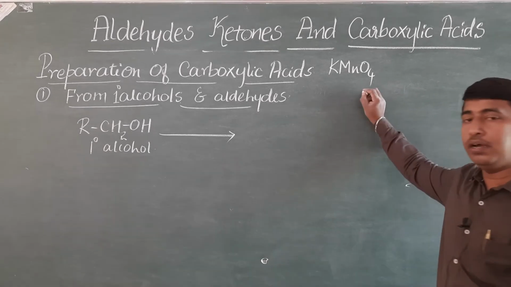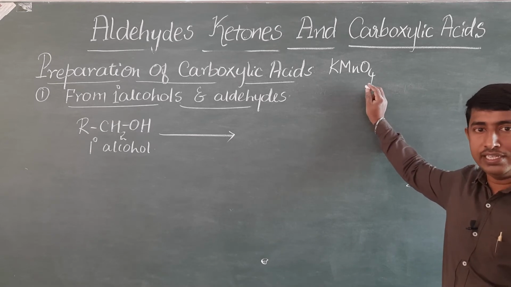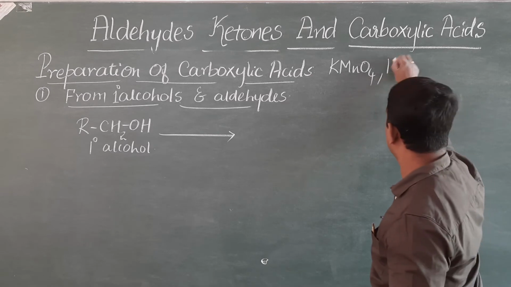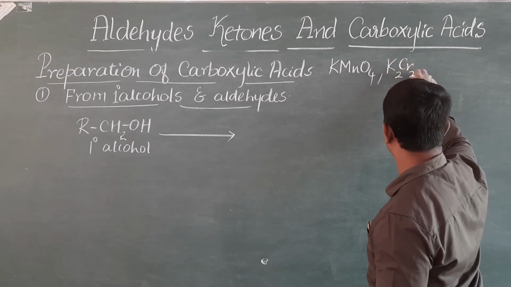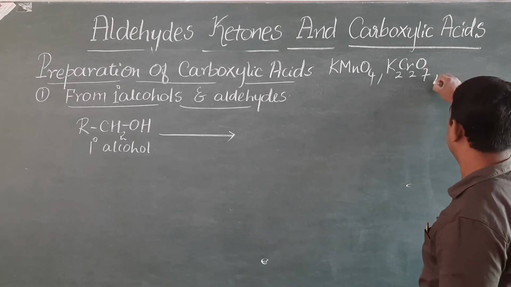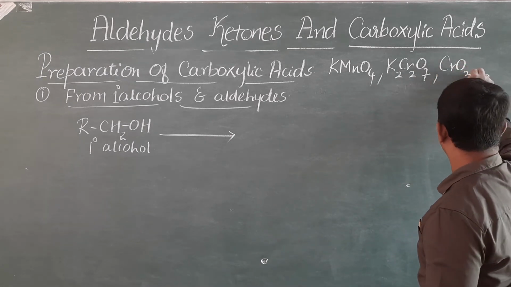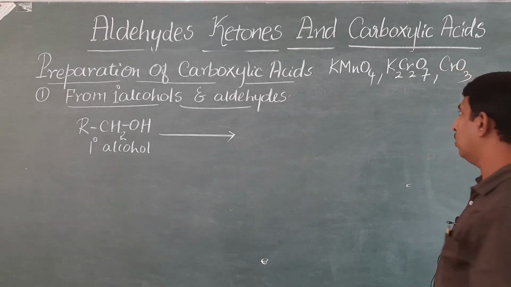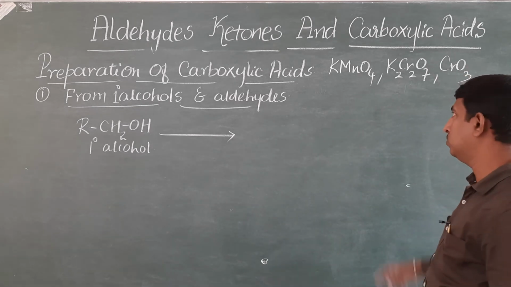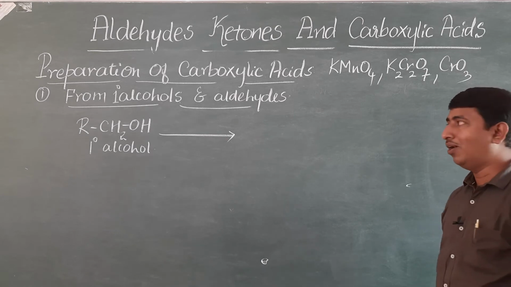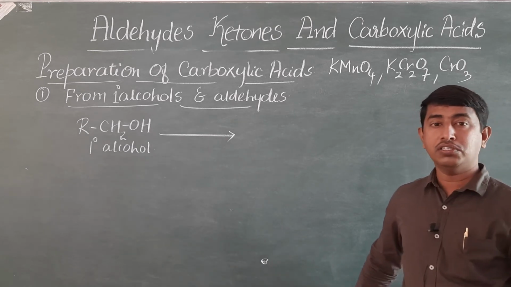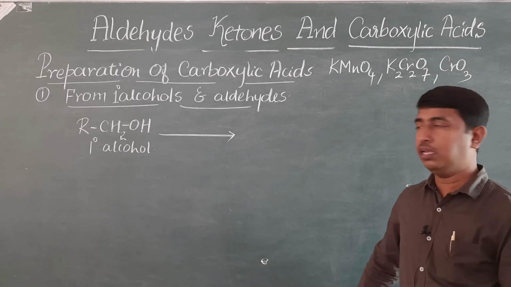So potassium permanganate is a very good oxidizing agent in neutral, acidic and alkaline medium. Potassium dichromate in acidic medium, other one CrO3, chromic oxide in acidic medium. So these are the commonly used oxidizing agents used for the oxidation of primary alcohol.